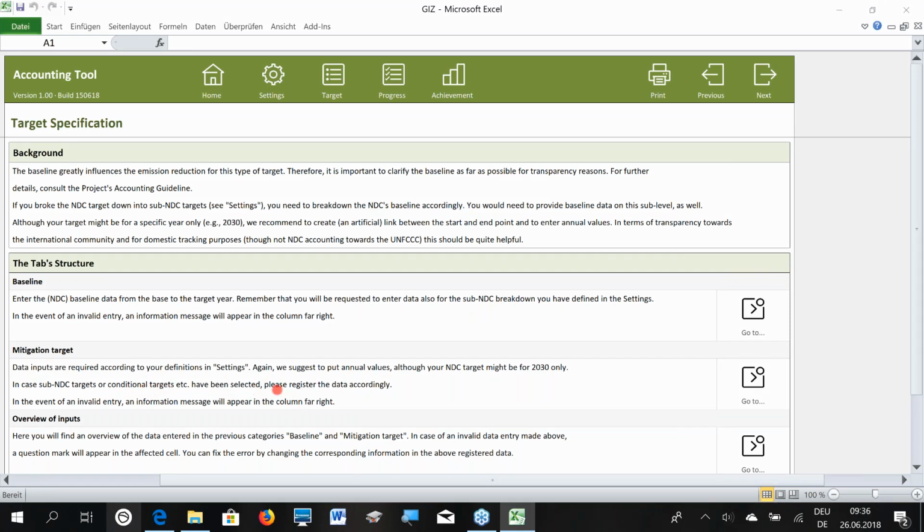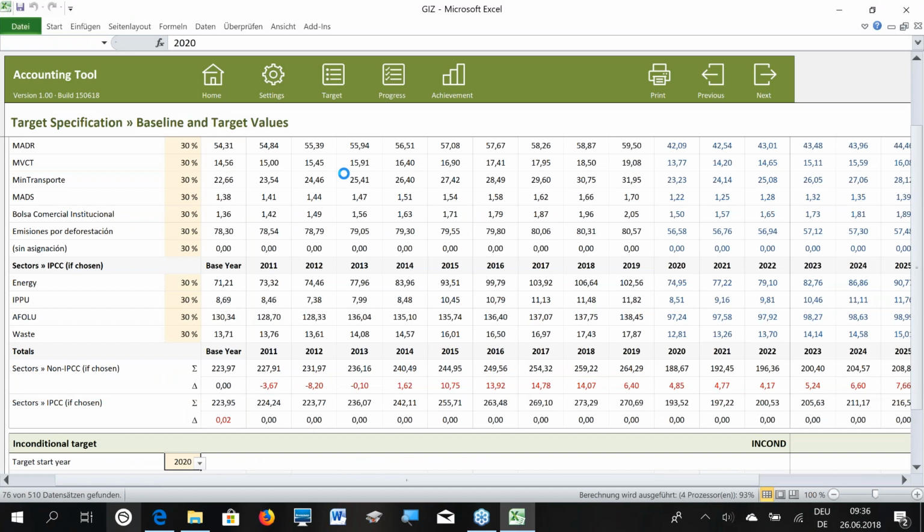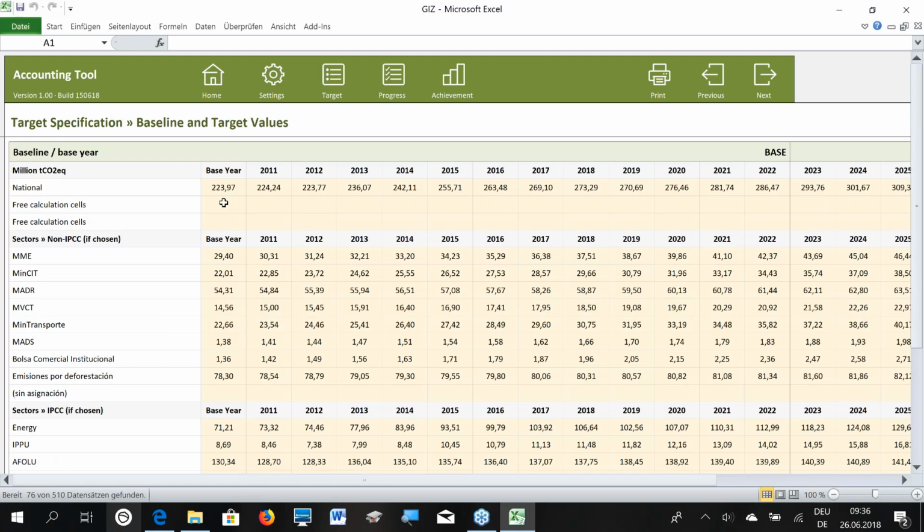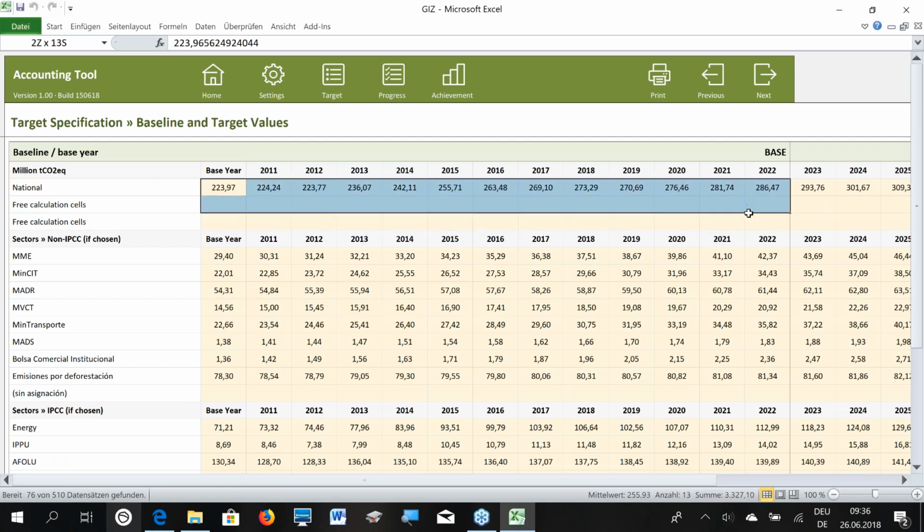So if you have defined an unconditional and a conditional target, you would also have to include information on those levels. And here those tabs are linked. So if you go then to the baseline button, we are linked directly to the specific section where we introduce in those yellow cells the baseline information.